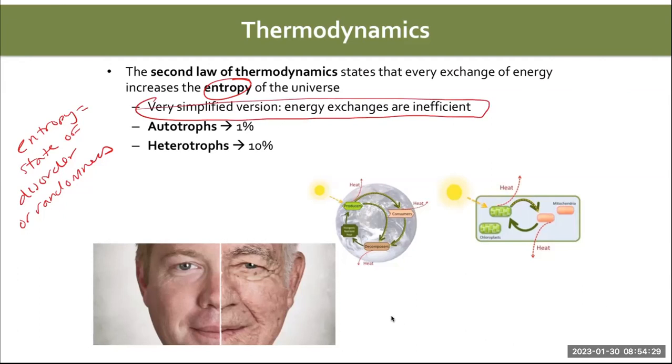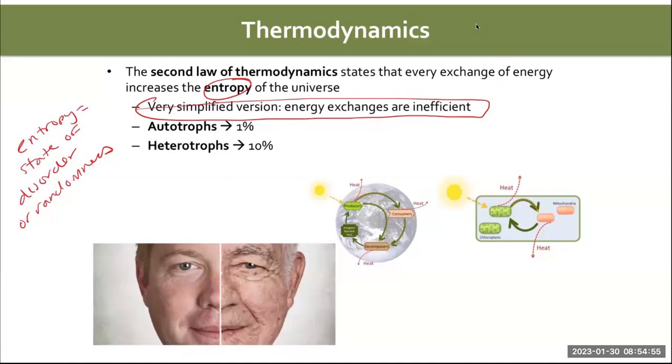So again, the amount of energy in our universe and our ecosystem stays constant, and energy is lost with all of those conversions between forms of energy. Now, there's a lot of exceptions to this, and again, I'm trying to simplify fairly complex topics here.